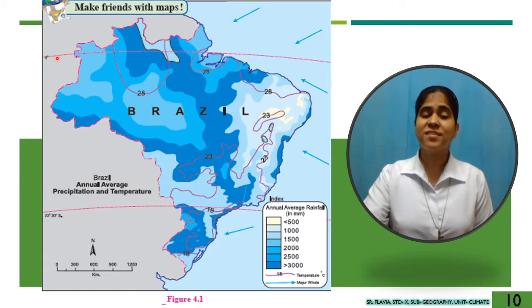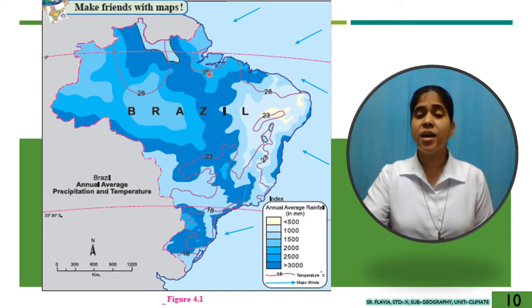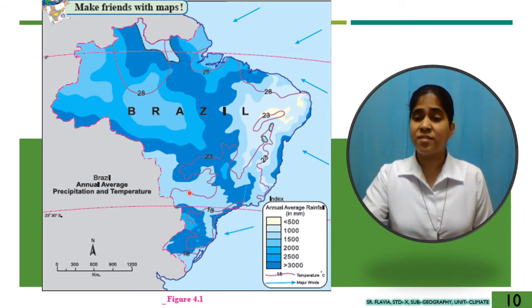Now look at this again, a map of Brazil. Here you will find the Great Escarpment. Here you have the Amazon Basin, and here you will find the Andes Mountains. Now when the southeast winds arrive, because of the Great Escarpment, this area receives less rainfall because of the barriers caused by the Great Escarpment.